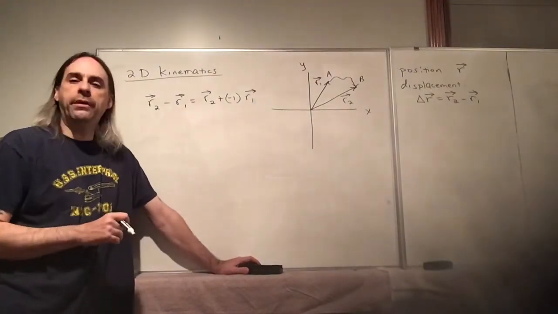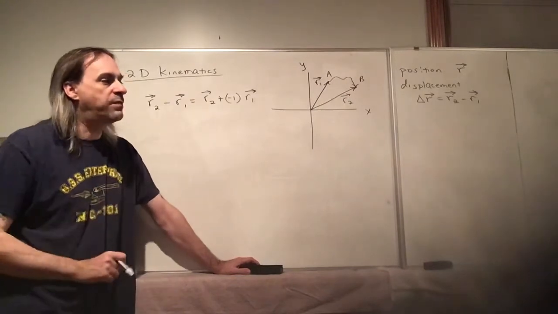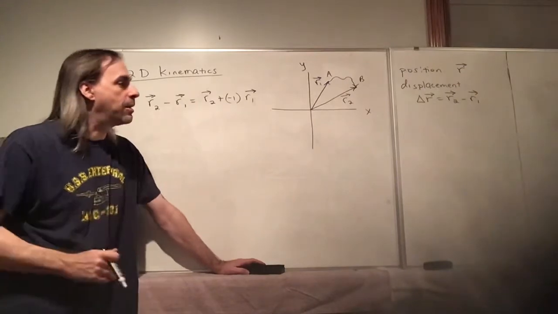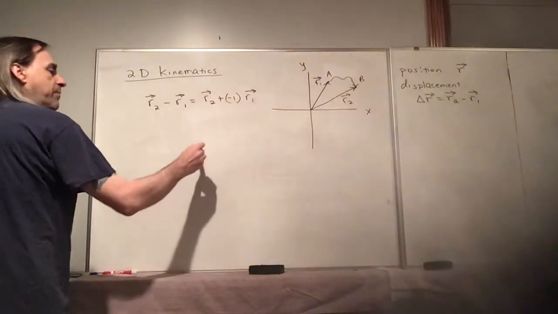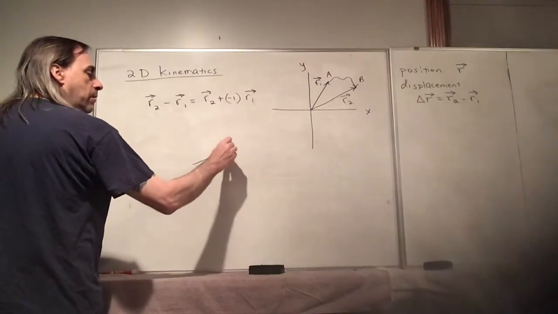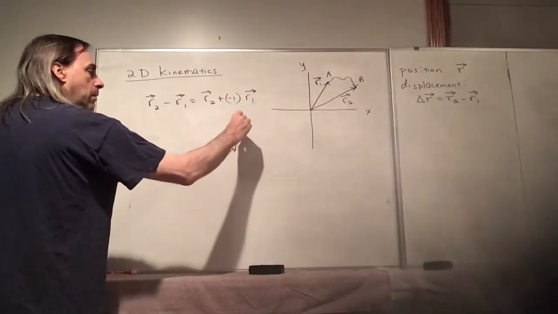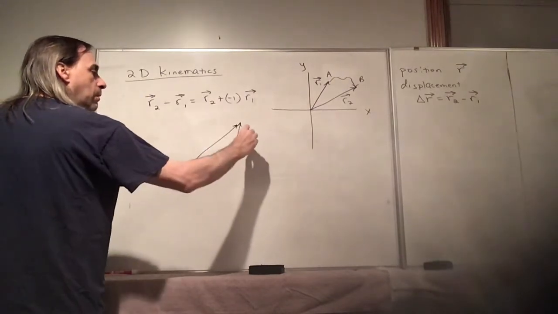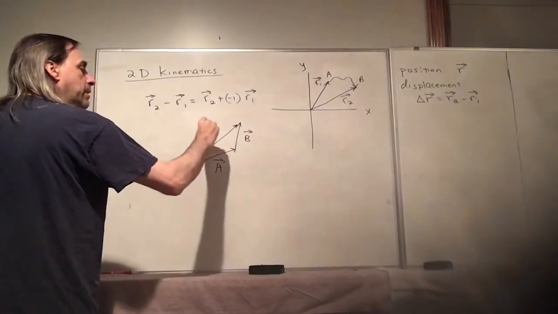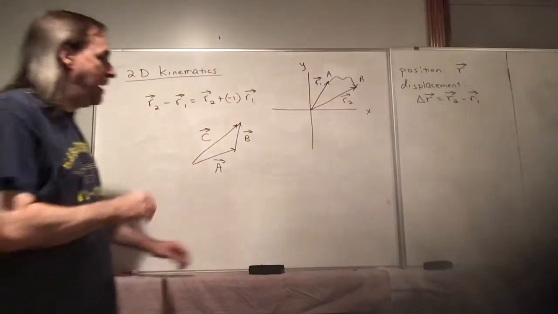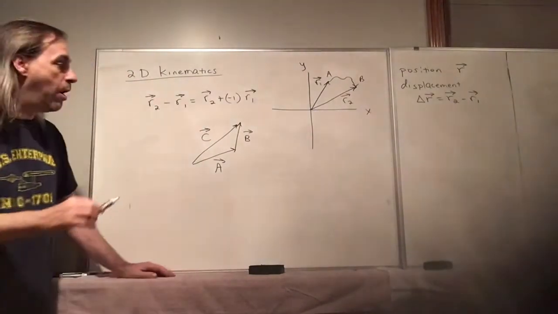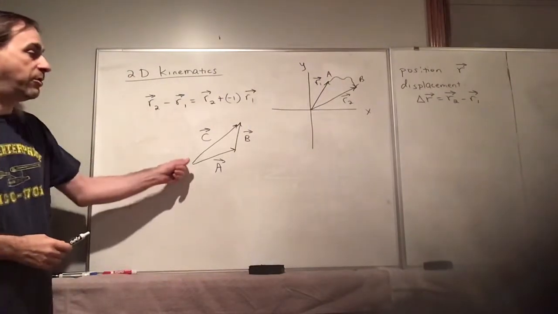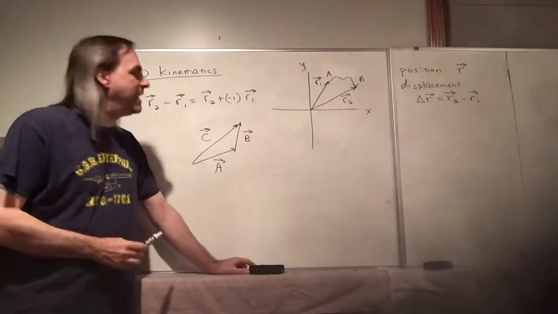To start with, it's very important to be able to look at a vector diagram and see an equation. For an example, let's say we have vectors that look like this, say vectors A, B, and C. Once you master this, you should be able to look at this and immediately see an equation.